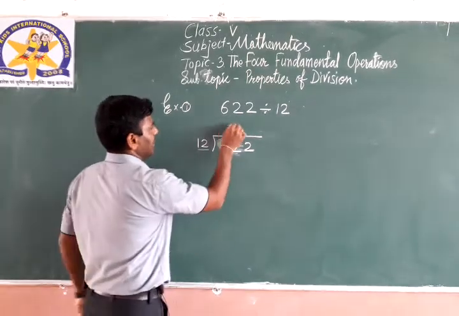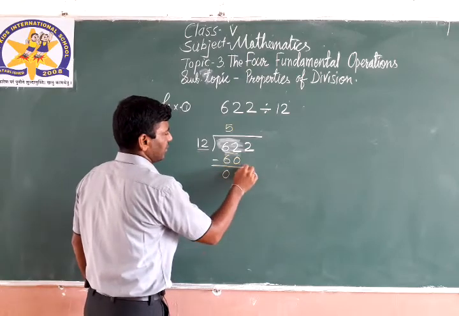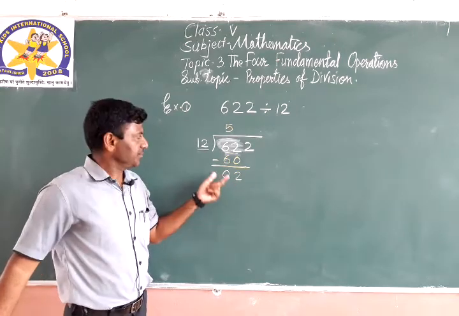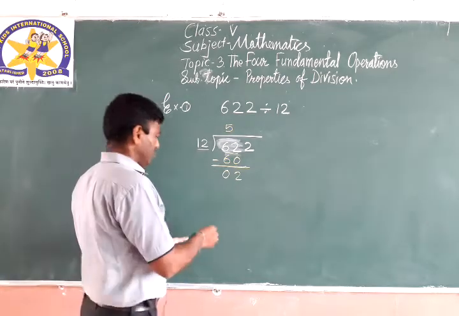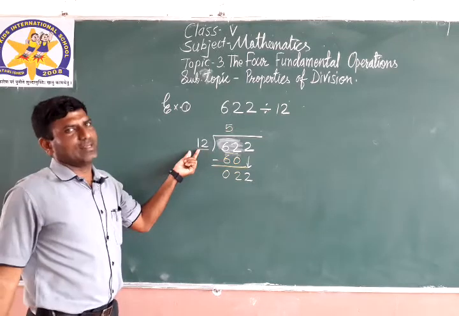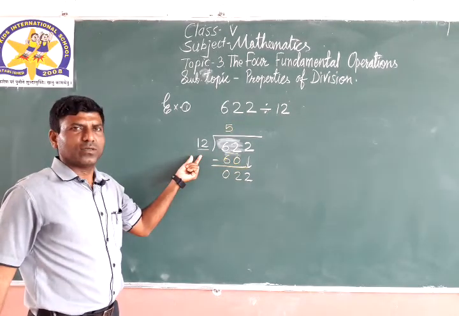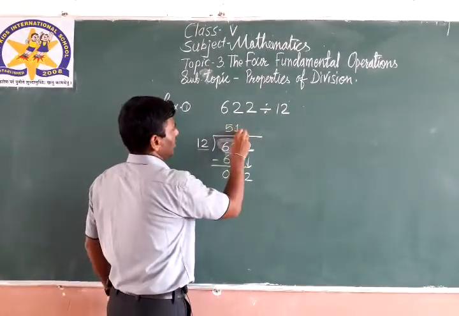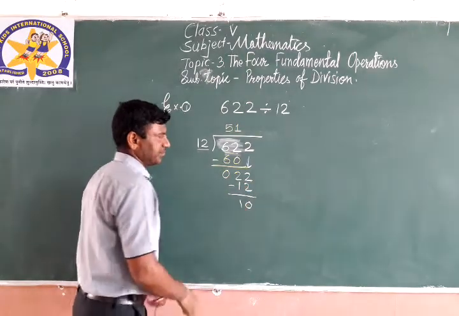So 12 5s are 60. Subtract: 2 here, 0 here. We cannot subtract a bigger number from the smaller number, but we have another number here, 2. Put 2 down. 12 2s are 24, a bigger number. So 12 1s are 12.